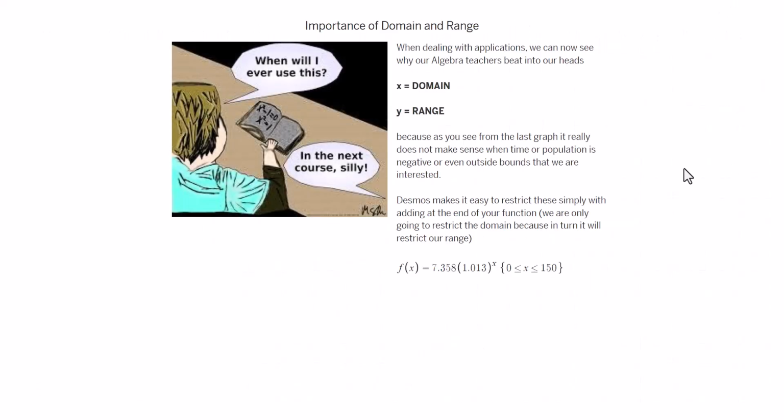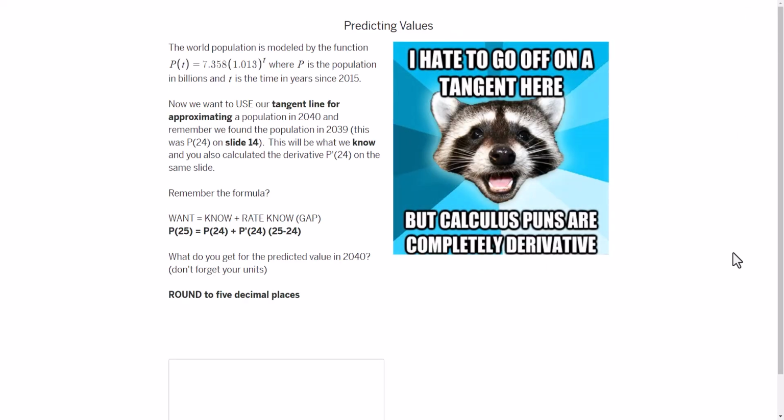Thinking about domain and range, we probably don't mention range too much, but for the domain, as you know, you can't divide by 0 and you can't take the square root of a negative number. But with an application, we also want to think about whether we consider negative time. Sometimes it might just be the previous years, but you want to think about that as well.